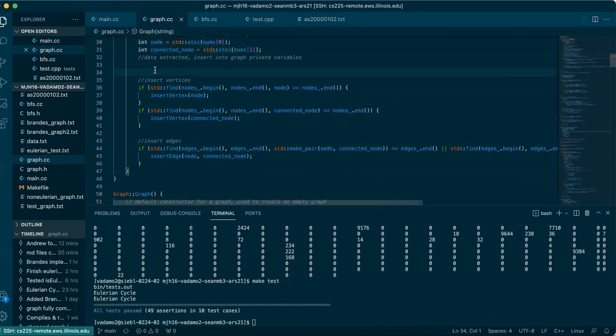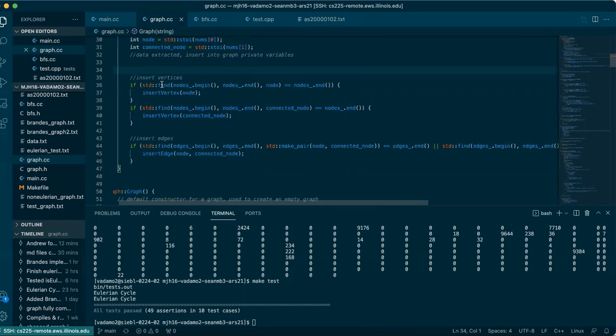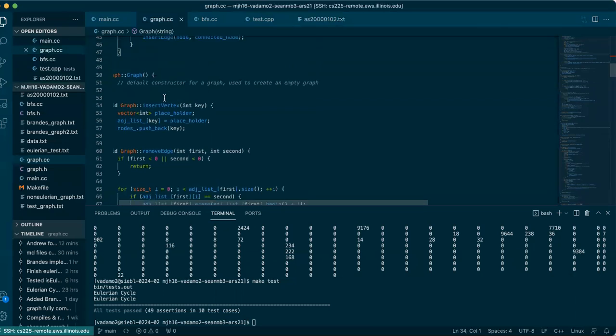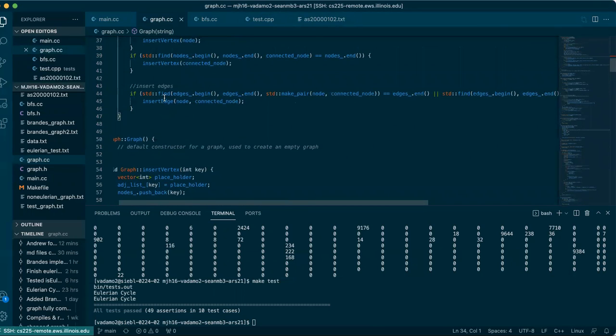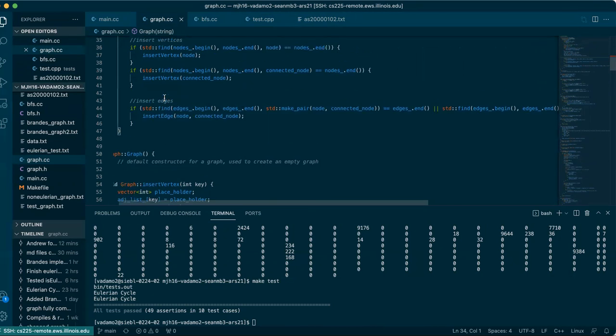With that data, we proceed to insert it as vertices and as edges. Within each insert vertex and insert edge, we're checking to make sure that there are no duplicates going in, to make sure that it's most efficient.